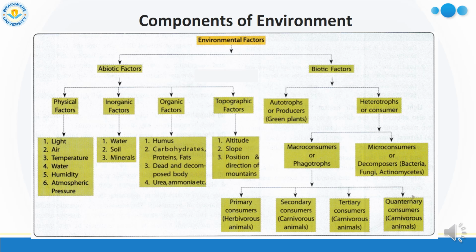Physical factors means light, air, temperature, water, etc. Inorganic factor means water, soil, minerals, etc. Organic factor means carbohydrate, proteins, urea, ammonia, etc. Topographic factor means altitude, slope, position, direction of mountains, etc. Now these are the components of our environment.